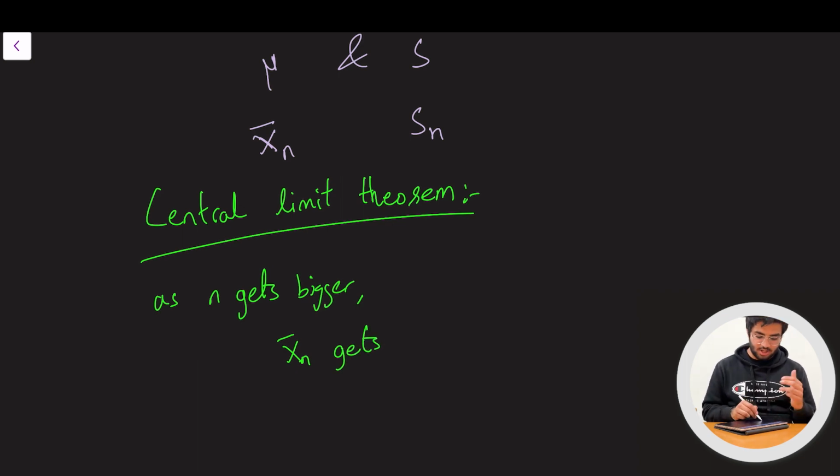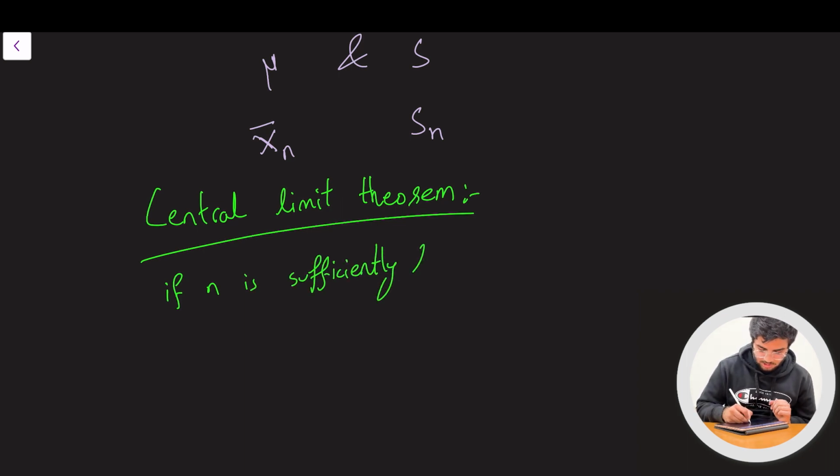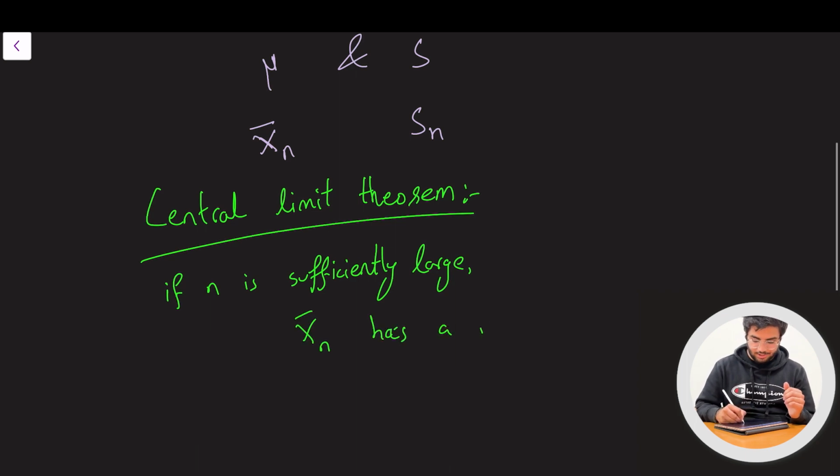actually, I should rewrite this. I'll say if n, so again, the number of samples, is sufficiently large, so if n is big enough, x bar of n has a mean.